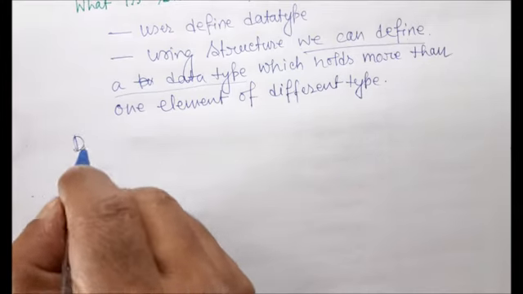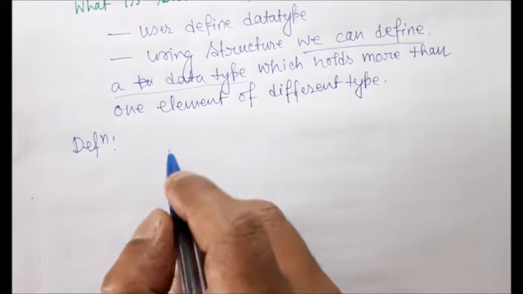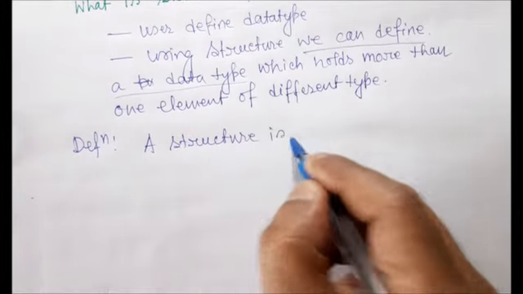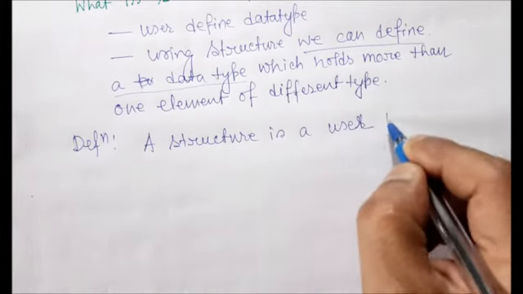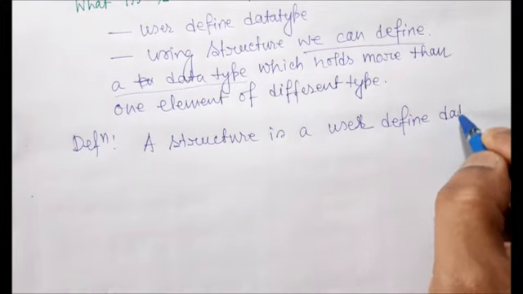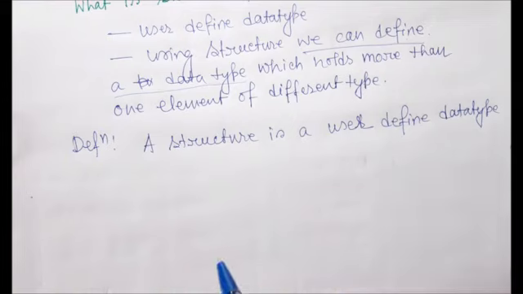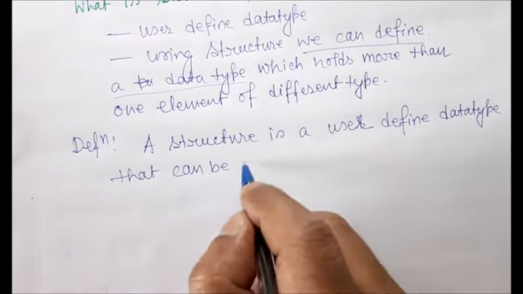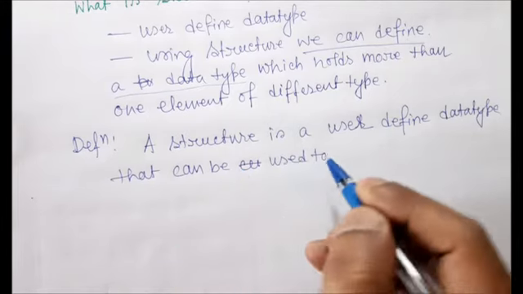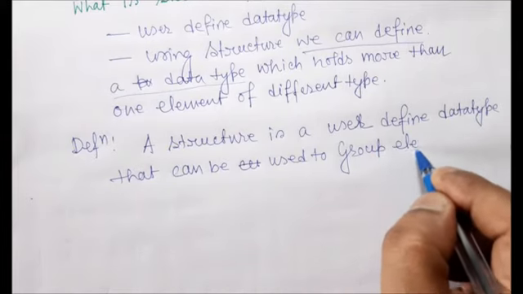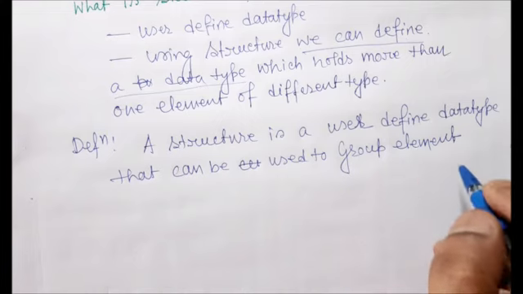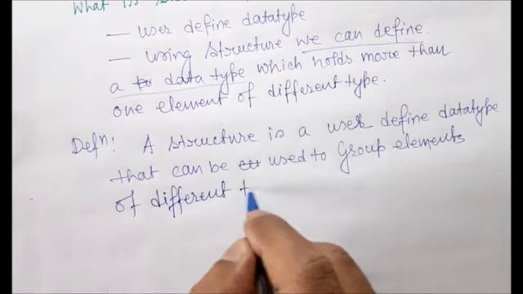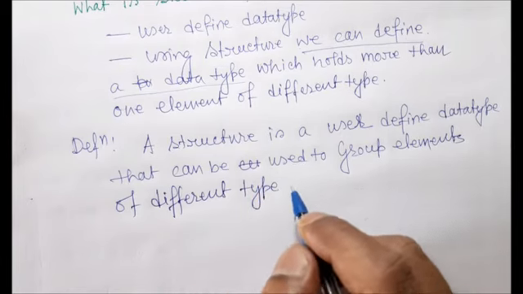If I write the exact definition, we can write: a structure is a user defined data type that can be used to group elements of different types into a single type.